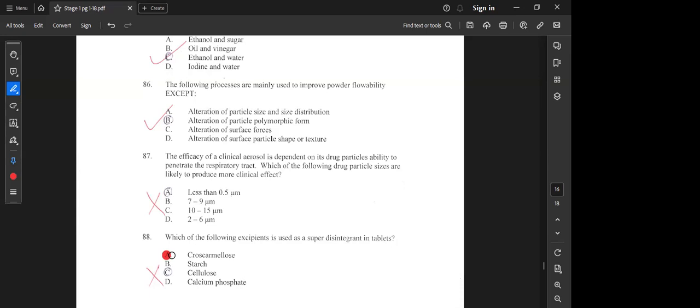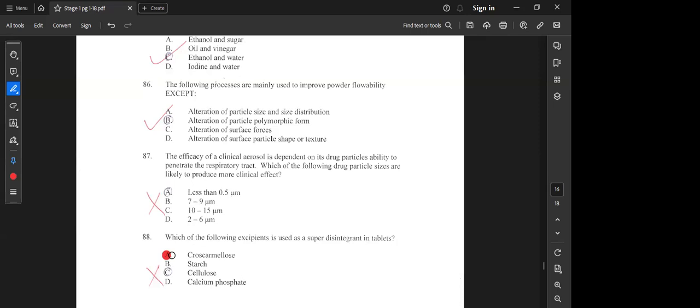Okay, so I've Googled, it says particle size is the most important determinant of aerosol behavior. Small aerosol particles smaller than 5 micrometers in aerodynamic size are most likely to remain airborne for indefinite periods. So I don't know. I think it's 2 to 6. Yeah, that's right.